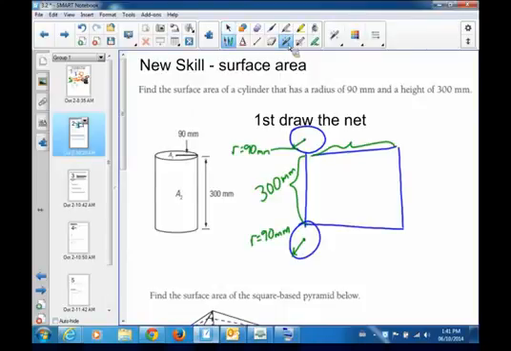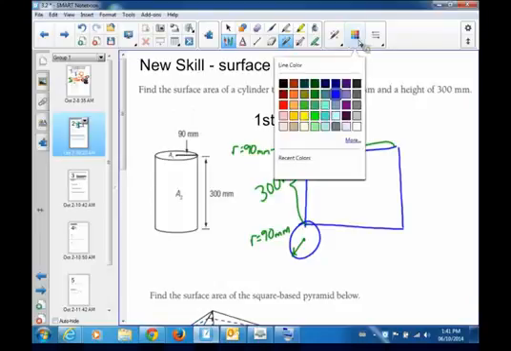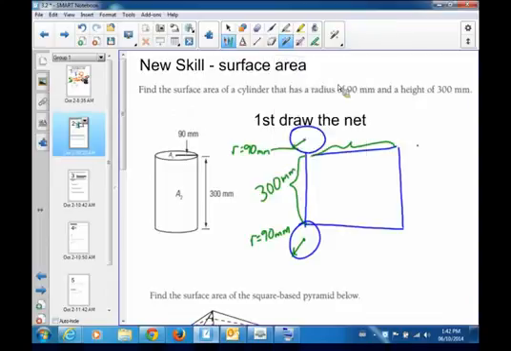Does it make sense? I'm going to go for a different color for this. Okay. Does it make sense that this distance around, I'm holding up the wrapper that I undid, is the same distance around that the circle was when I had it in there?